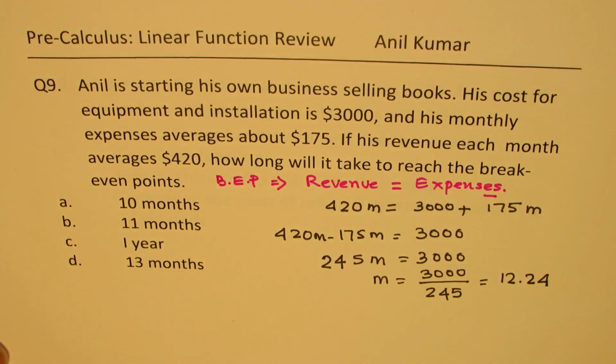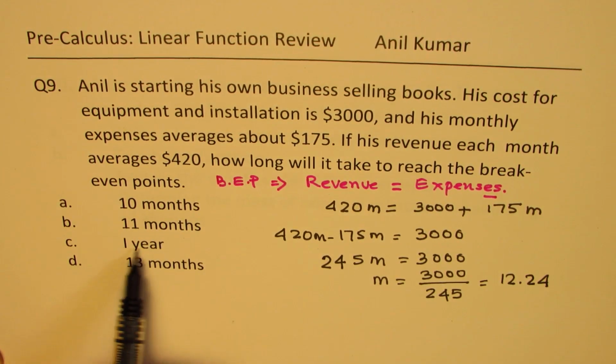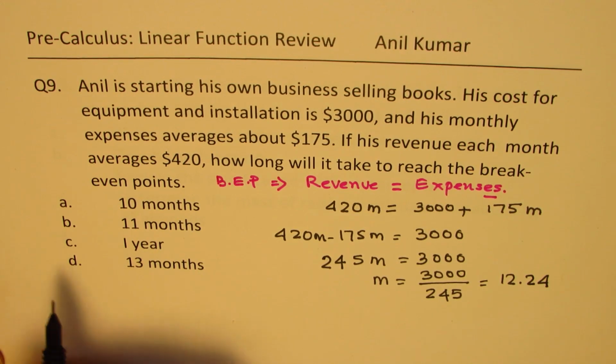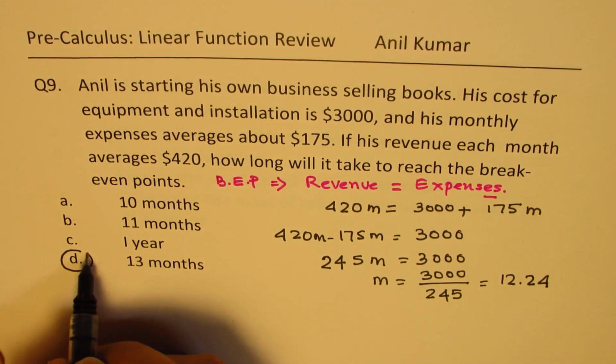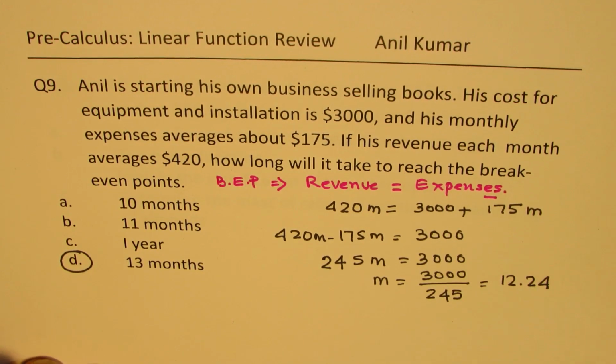So more than 12 months is required. In the options given to us, we have 1 year, which is 12 months. 13 months will be the answer, right? Since 12.2 suggests that in 12 months, you cannot break even. So it is the 13th month when you will break even. Perfect. So that is how we are going to solve it.